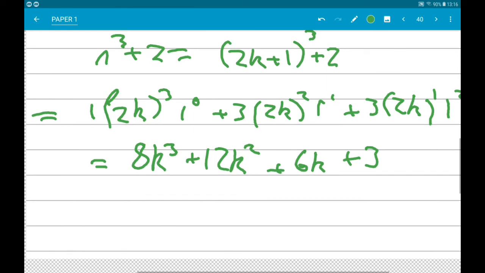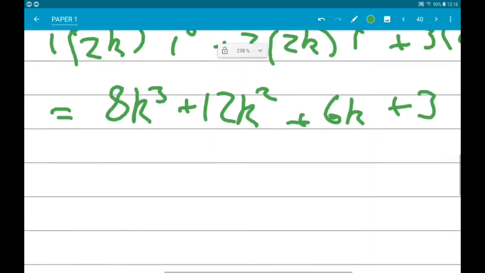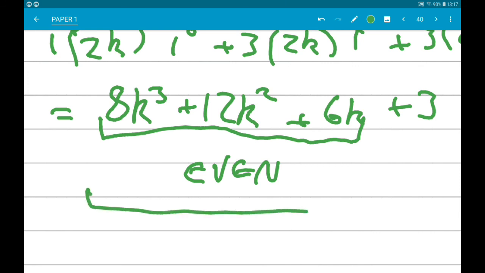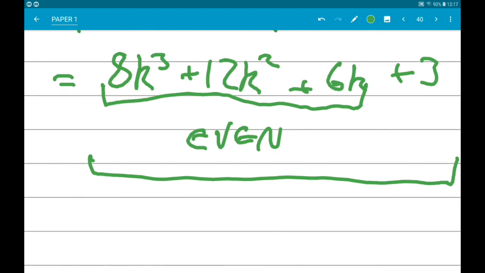Now, what do we know? We know that all of this is going to be even. And then we are adding an odd number. So altogether, this whole thing is odd.